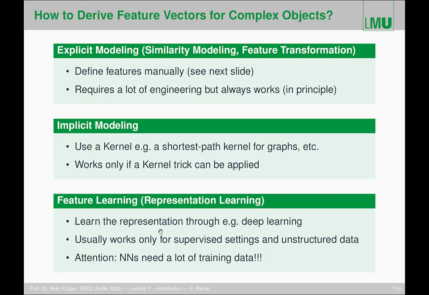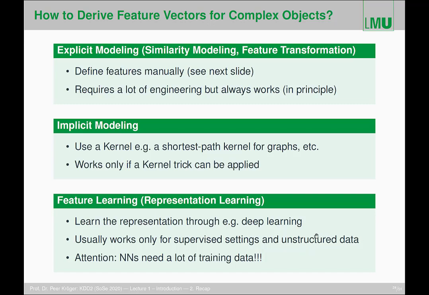Typically those feature learning approaches work better for supervised settings and unstructured data, and usually they need a lot of training data. So even though this seems to be very appealing on this slide, that with deep learning you can even learn representations, this traditional way of modeling things explicitly is very often still the way you have to do it, because these deep learning approaches don't work too well with structured data.